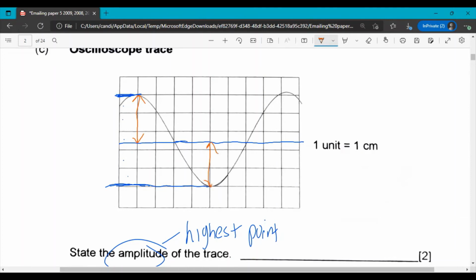And that's half. If 1 unit is equal to 1 centimeter, then this entire distance is 5 centimeters, and that distance is half of 5, which is 2.5 centimeters. So the amplitude is 2.5 centimeters. All right, let's look at the next question.